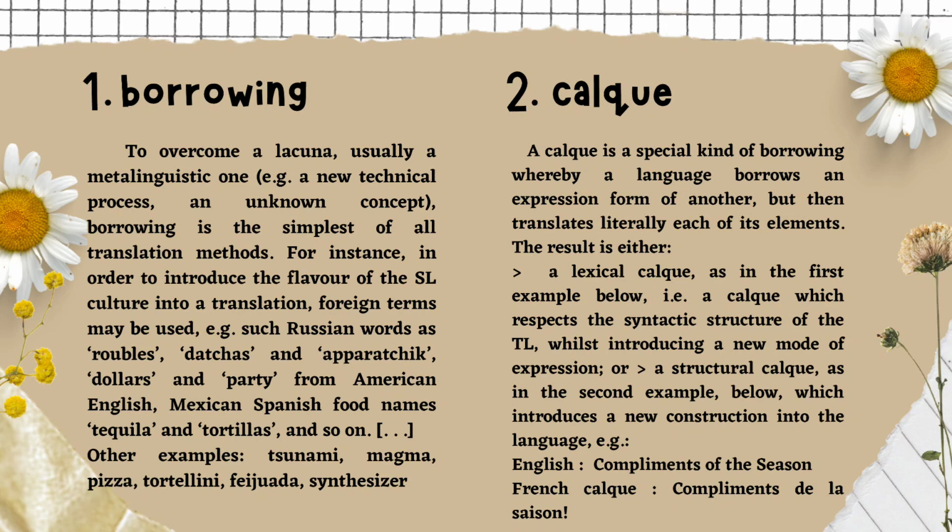The result is either a lexical calque, as in the first example below, a calque which respects the syntactic structure of the TL, while introducing a new mode of expression, or a structural calque, as in the second example below, which introduces a new construction into a language. Example, in English, compliments of the season, and in French calque, compliments de la saison.